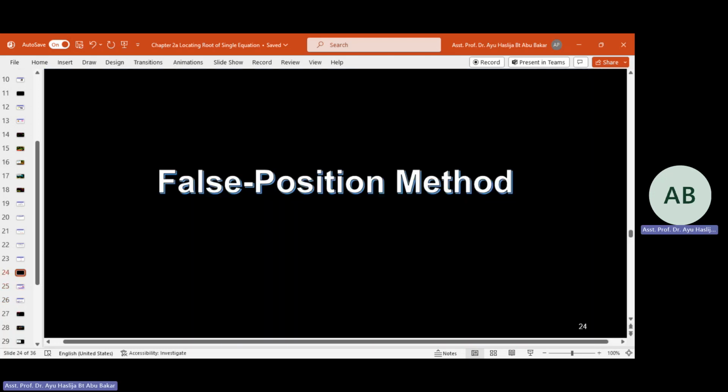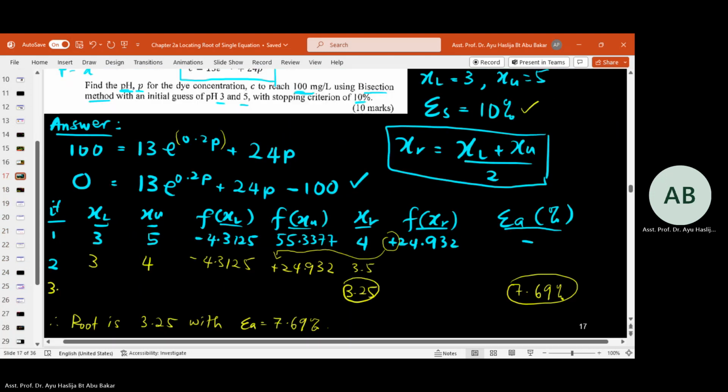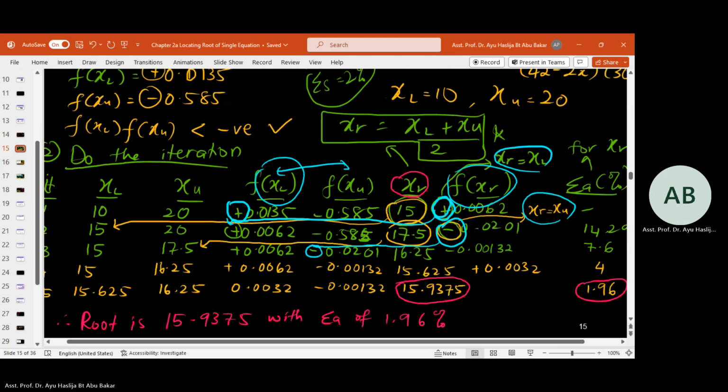The one that we did last time. 15, right? This one using bisection. Okay, but using false position, what do you get? 10 something, right?